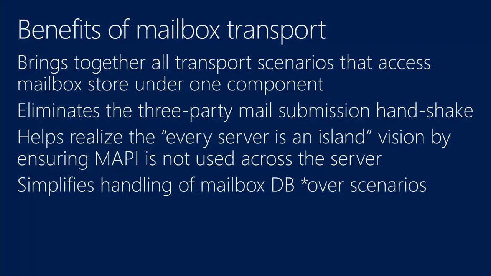Which database does this recipient reside in? It will then route that message via SMTP to the mailbox transport service. The mailbox transport service is always going to be the local protocol instance that is local to that active database copy. It will then do the MIME to TNF conversion and deliver that message via RPC to the store that is local to it. So it's all local RPC.